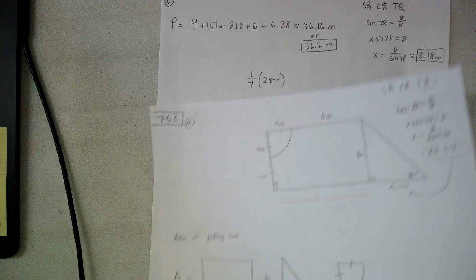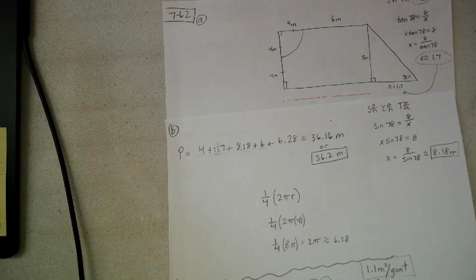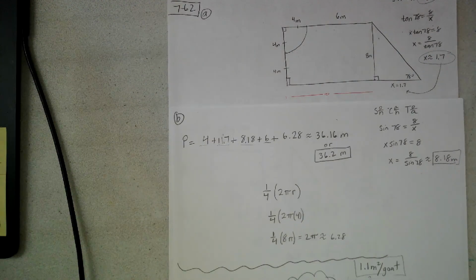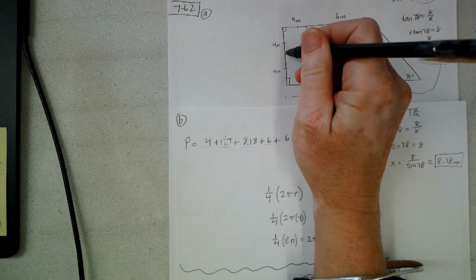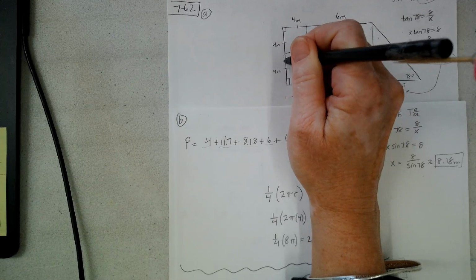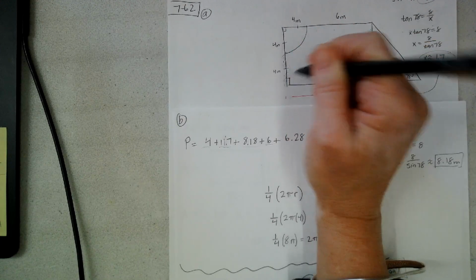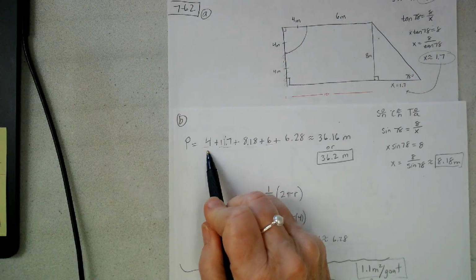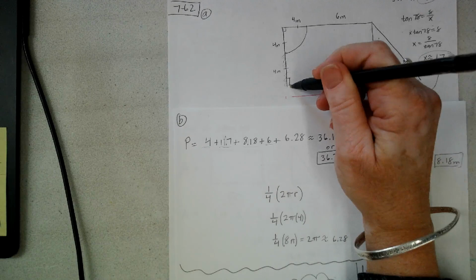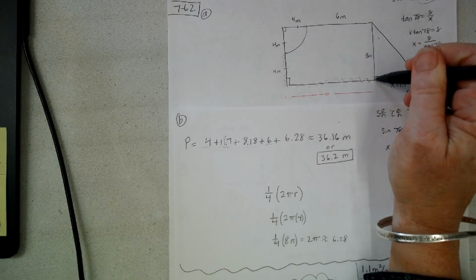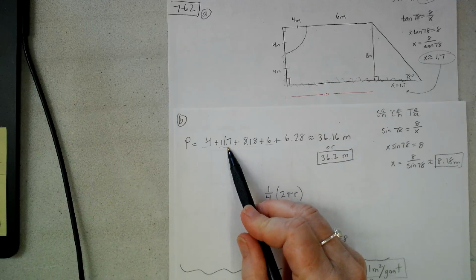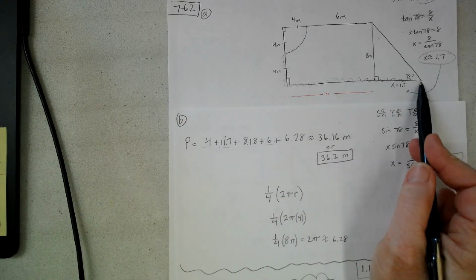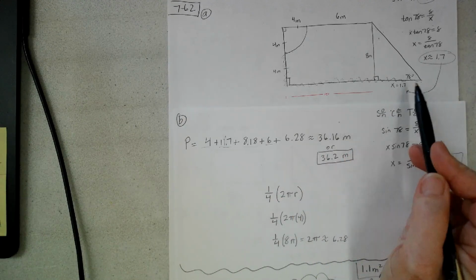So now letter B. Letter B wants to know how much fencing I need. So letter B, I started here, and I'm going to find the distance around. I said 4 plus the 10 plus the 1.7, that's where the 11.7 comes from, so that's just the part across the bottom, because 10 plus 1.7.